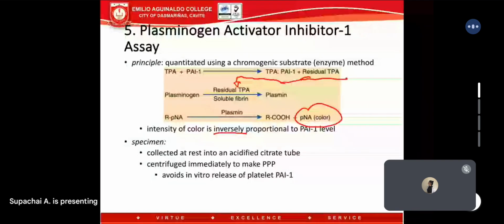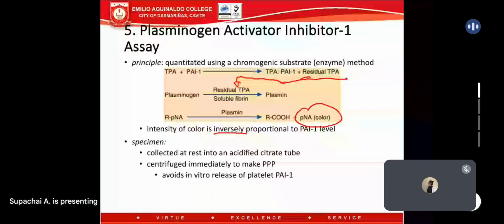Residual TPA are those that are not able to bind with the PAI1. So the residual TPA and the soluble fibrin will convert plasminogen into plasmin. And then the plasmin will convert RPNA into R-carboxyl and PNA. There would be a change in color.